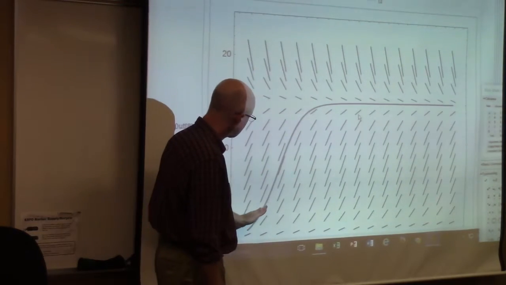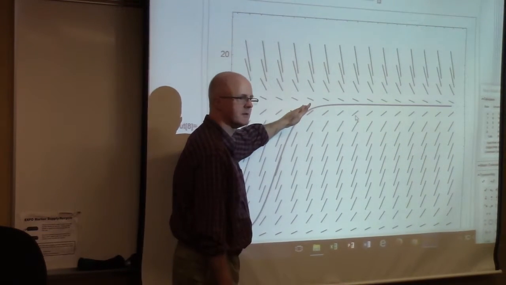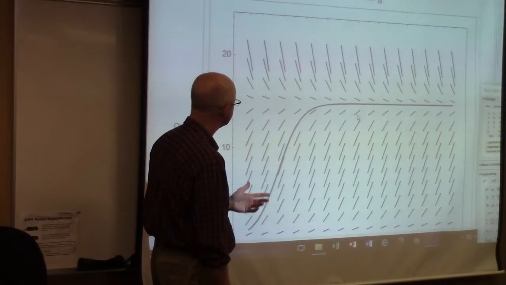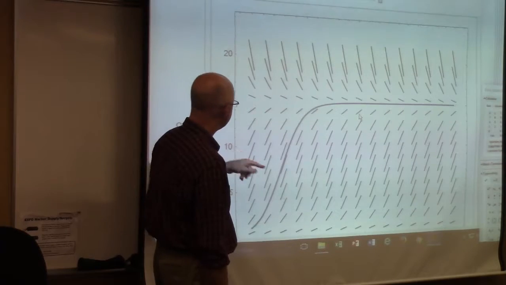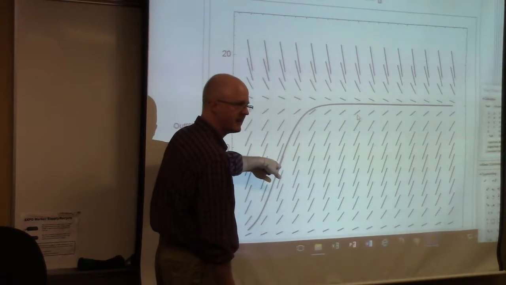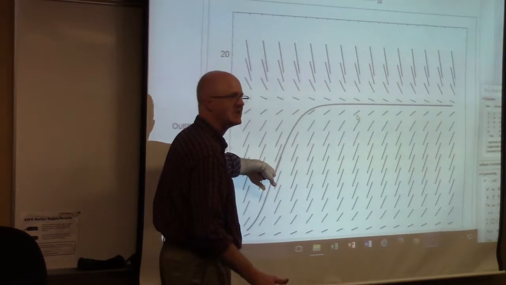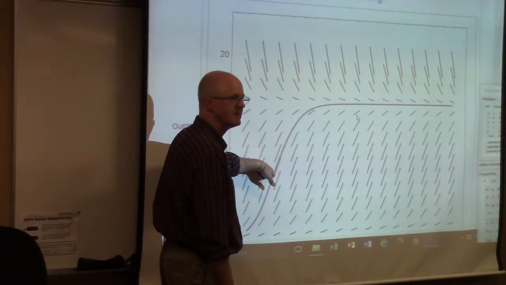The solution curve is following the slope field. Anytime the solution curve passes through one of these line segments, I think it's probably the beginning of the line segment instead of, say, the midpoint. That line segment will be like a mini tangent line to the curve at that point.